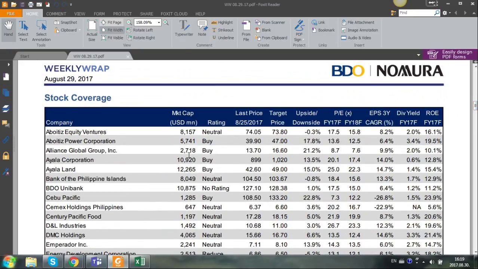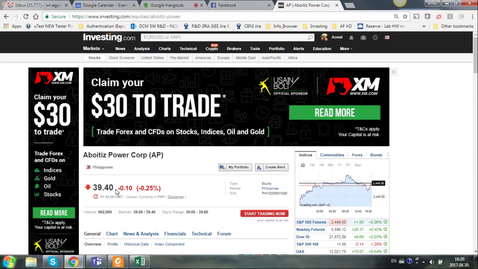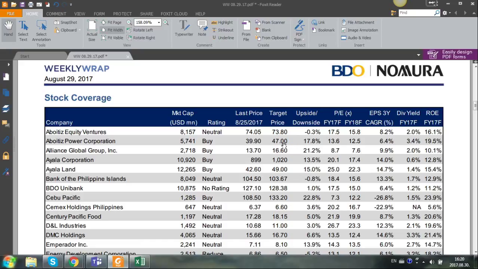Nakikita mo to? Okay, so ito yung avoid this power corporation. Recommended niya is buy. And the last price is 39.9. Pero I don't know, here 39.4 yung for today, last price. So ito yung before, the day before.